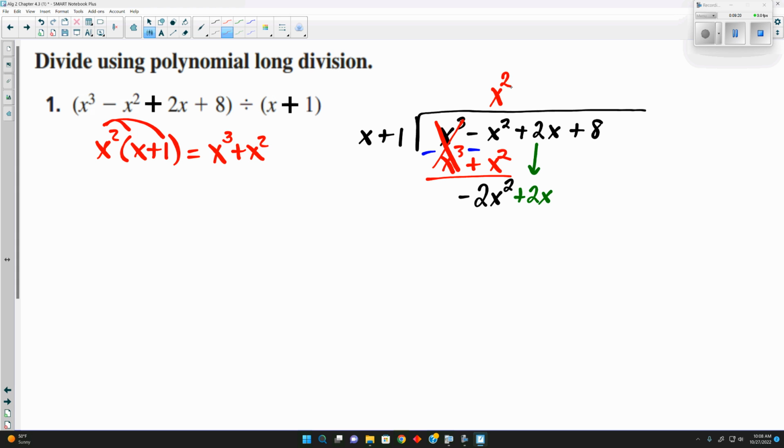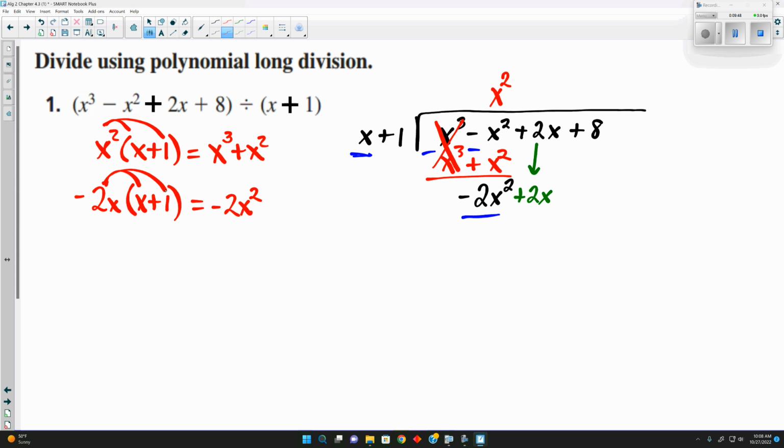So now we're saying, what times x gives me negative 2x squared? Negative 2x. And when we multiply this here, negative 2x times x is going to be negative 2x squared.